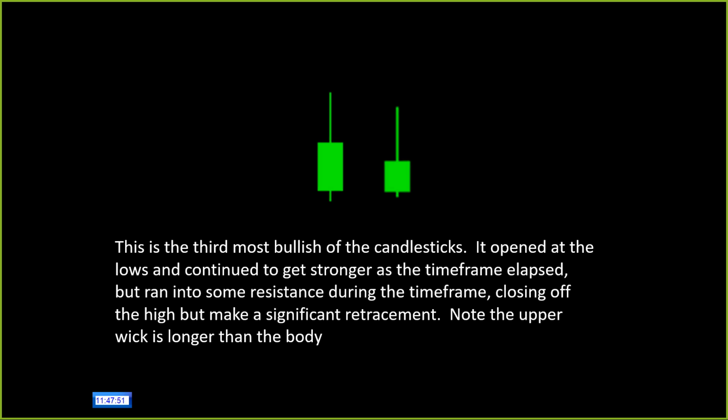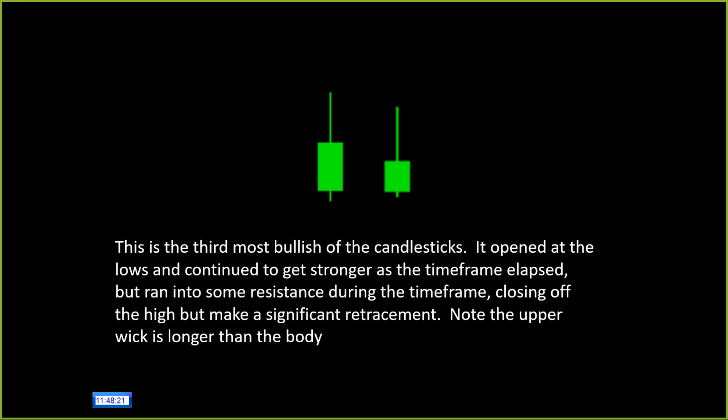These are going to be the third most bullish, because what they're showing you is that there's a lot of resistance up here. And the resistance is so strong that it's causing the candlestick to close with the body being shorter than the wick. And that's not a strong sign.